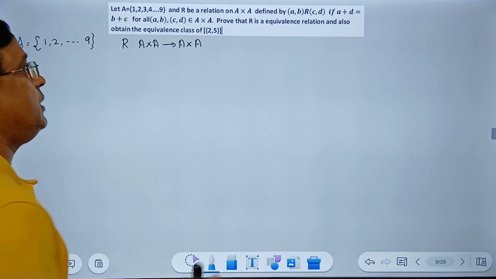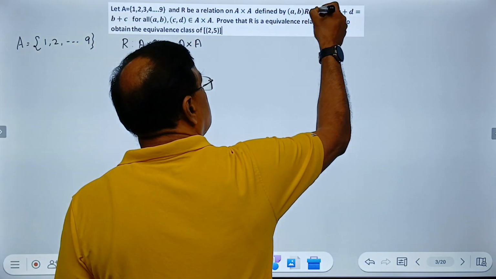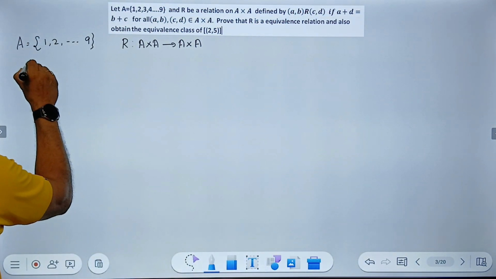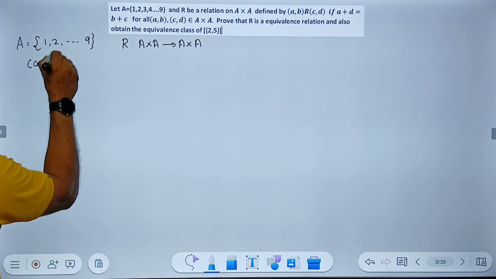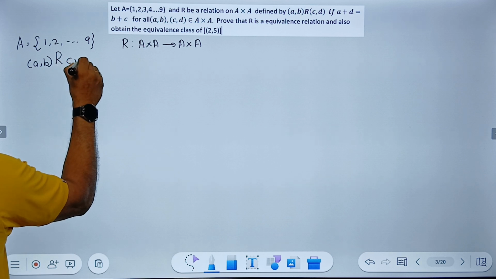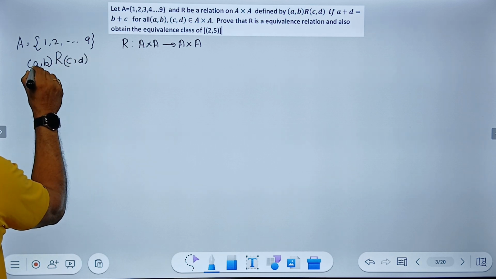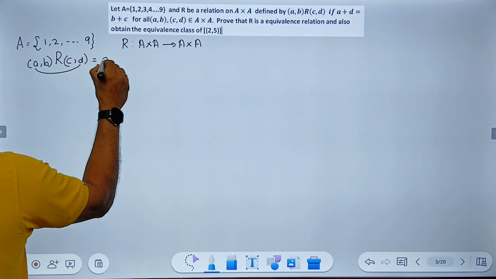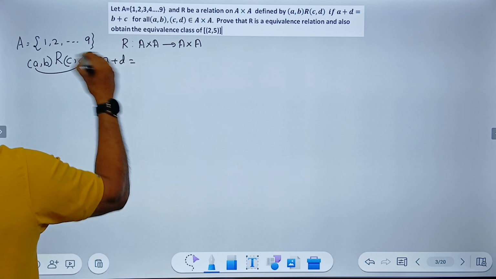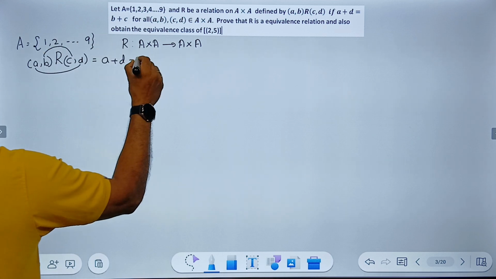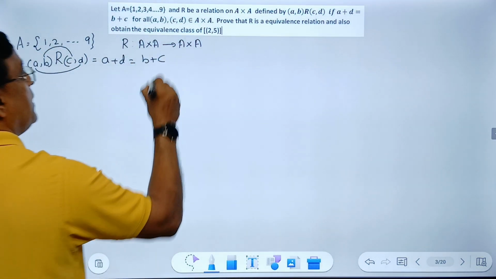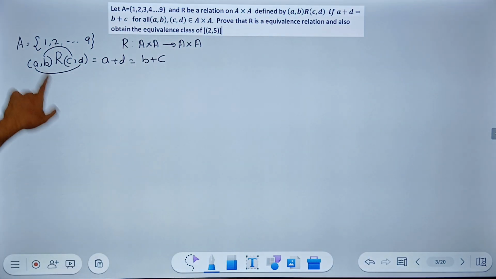Okay. So that is why (A, B) is related to (C, D). How is the relation defined? The extremes are added, that is A plus D equal to the sum of the means, B plus C. A plus D equal to B plus C.